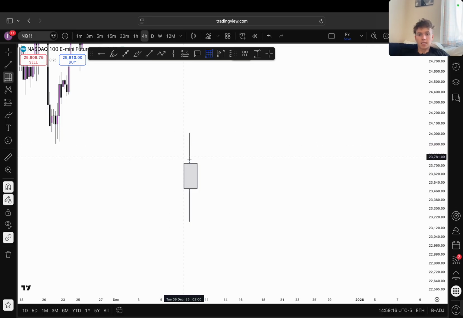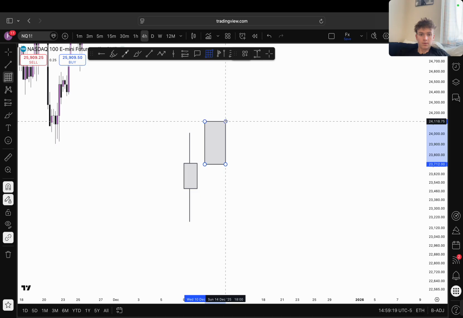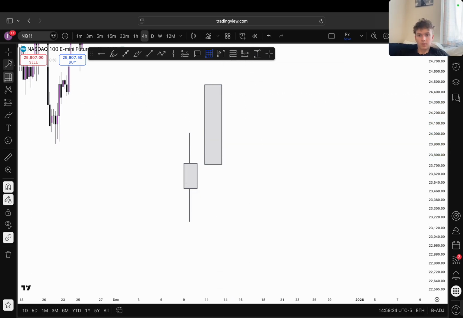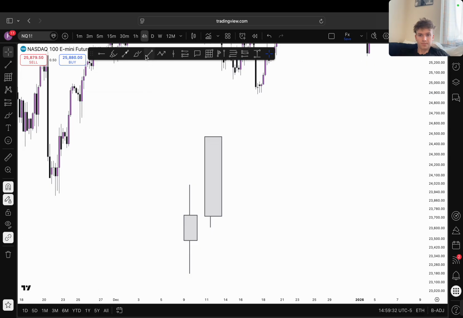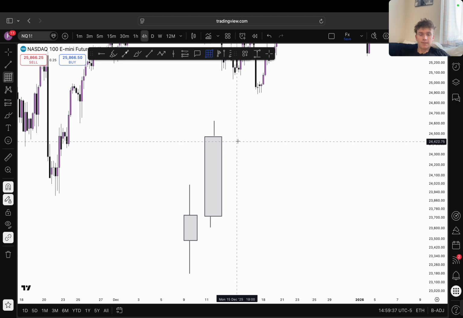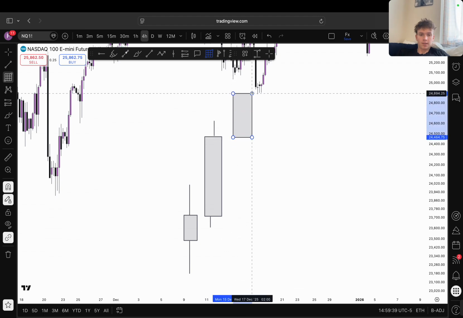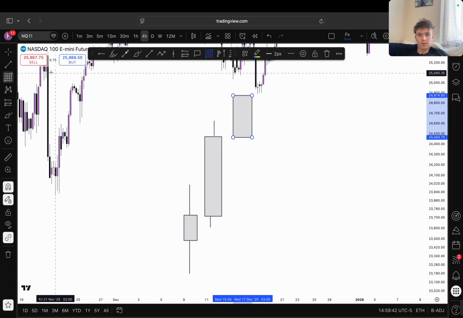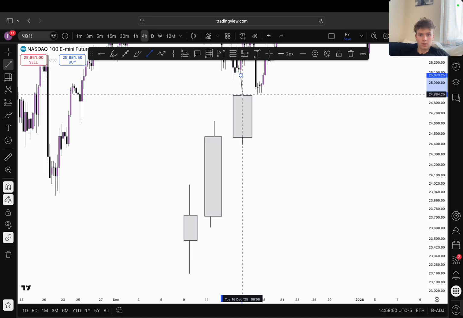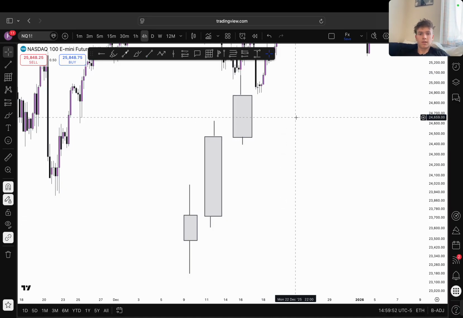This is candle body number 2. And then this is candle body number 3. So this is a sequence of the 3 candles.